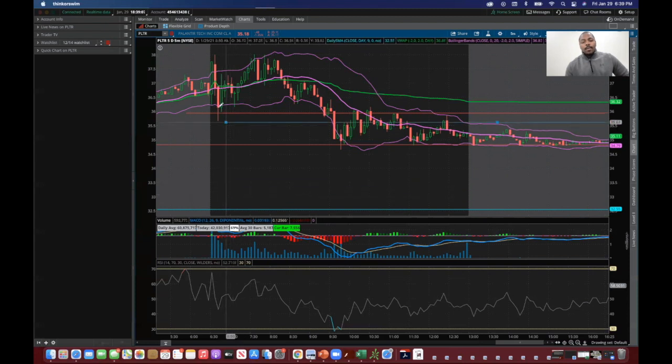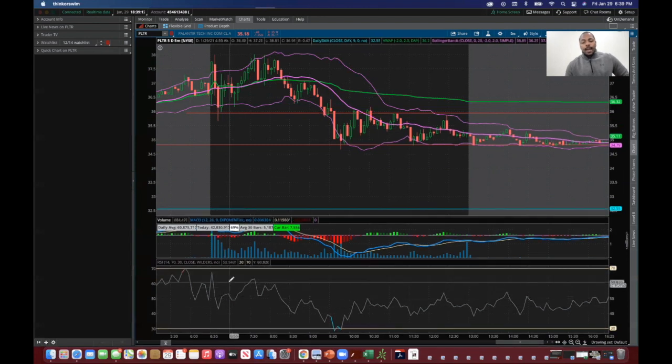That's why you need multiple indicators, because one indicator by itself cannot help you predict the future price of how a stock is going to move, right? The only way to predict it is to have multiple things helping you to forecast the stock's future price.